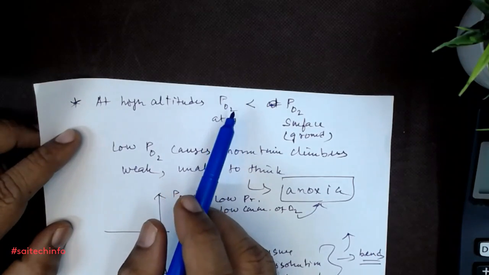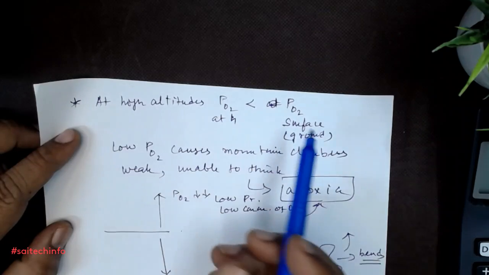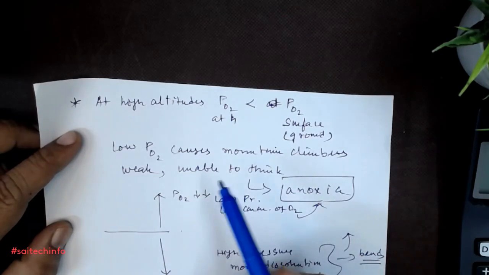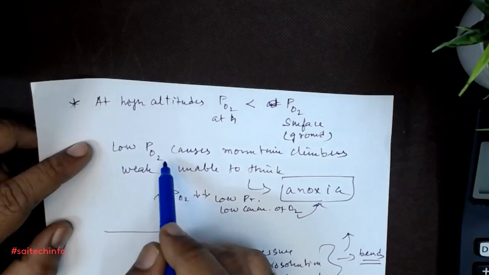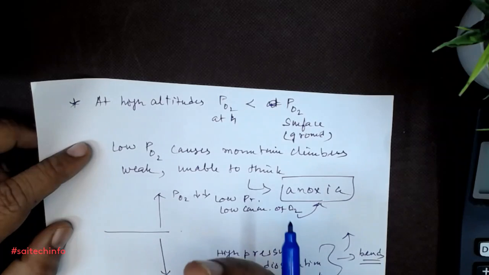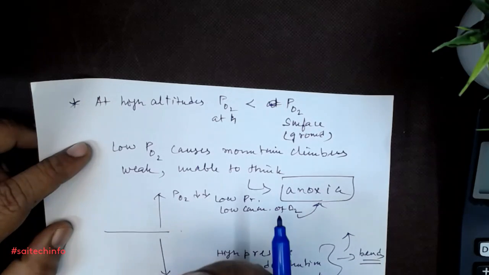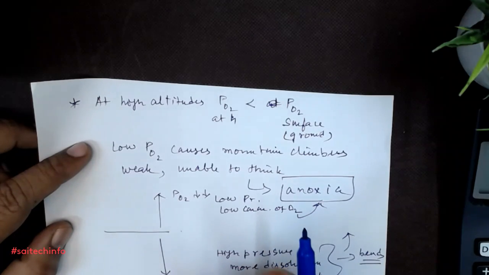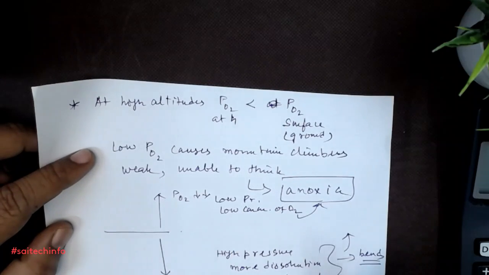The pressure of oxygen is less than that at ground level. And therefore, the low pressure causes what? Weakness, low concentration of oxygen in blood. If there is low concentration in blood, you will feel weak, and naturally you are unable to think. And that results in anoxia. Okay? Right.